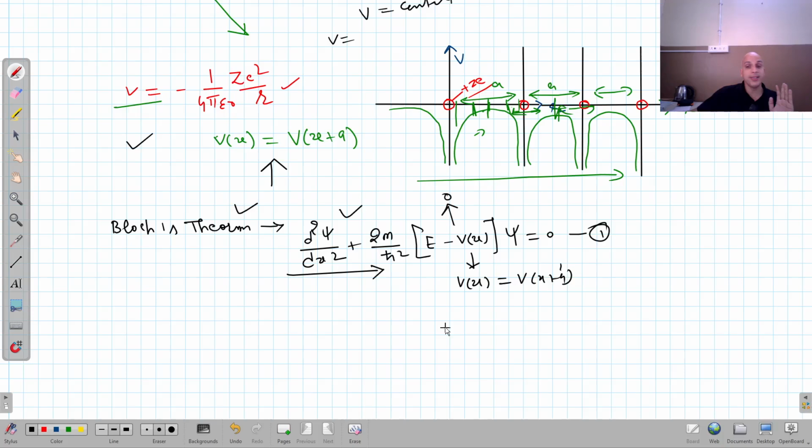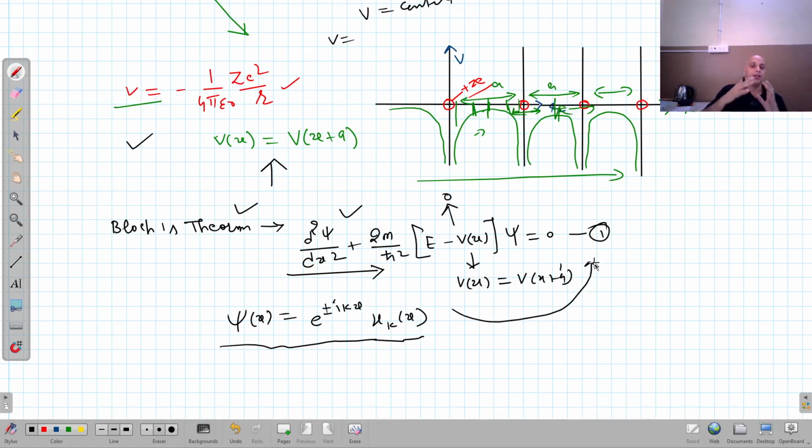Now Bloch's theorem tells us that the solution of this Schrodinger wave equation will be of this type: psi(x) is equal to e raised to the power plus or minus i k x, into u_k(x). This is the solution of equation number 1, and this is Bloch's theorem. Bloch's theorem gives us the statement of the solution of the Schrodinger wave equation when the potential is periodic.